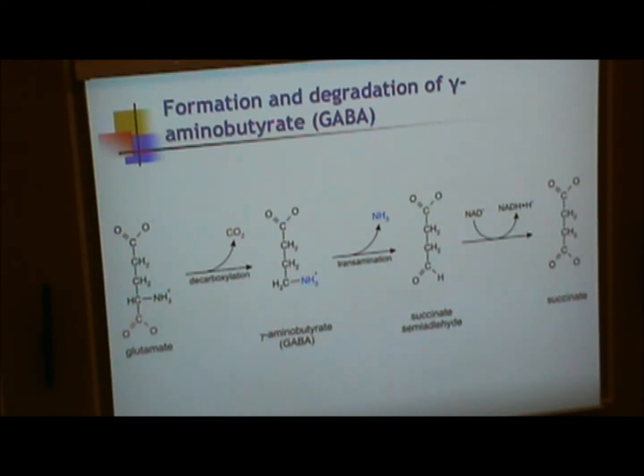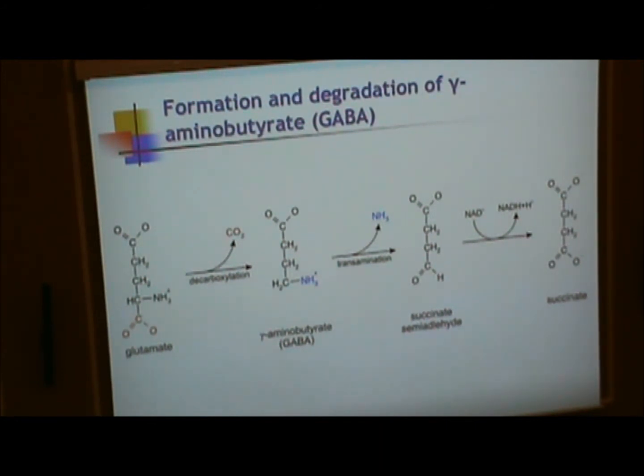How is the GABA metabolized? It is submitted to transamination. It loses the amino group in the form of ammonia. The CH2NH3 group is converted into an aldehyde group.